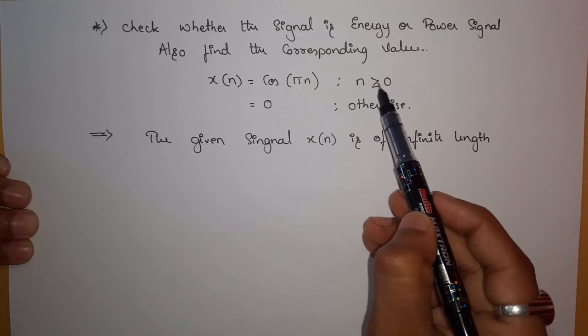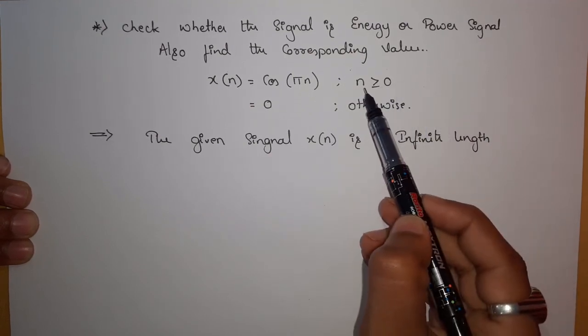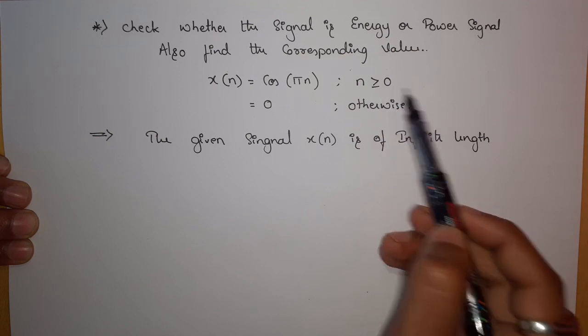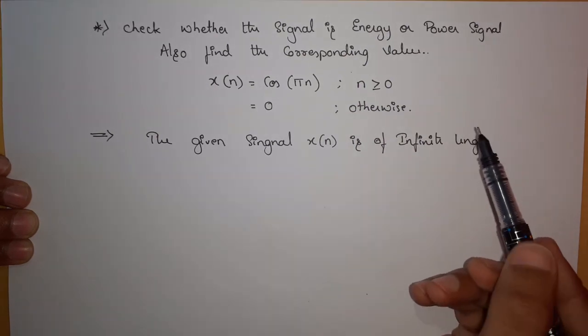Here we can see n is greater than or equal to 0 and it keeps on going. There is no upper limit for this one, which means it is of infinite length.